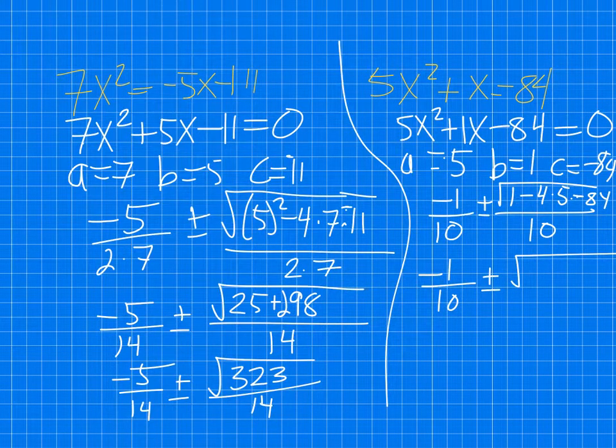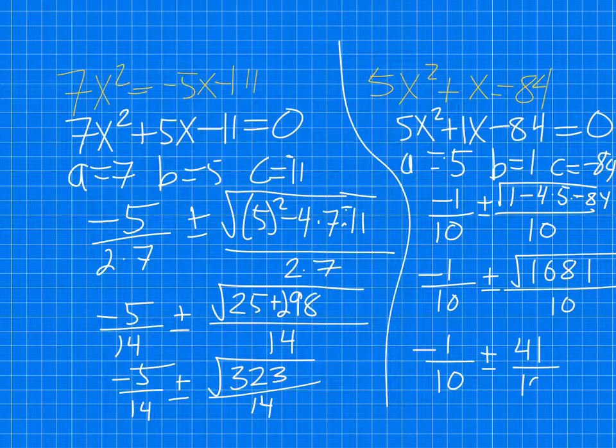Well, that's going to be 20 times negative 84, or 1680, that's it. So it's going to be 1 plus 1680 is going to be 1681, which happens to be a perfect square. I'm going to end up getting negative 1 over 10 plus or minus the square root of 1681 is going to be 41. I could leave it like this, or if I wanted to, I could add those pieces together and come up with a really nice answer.